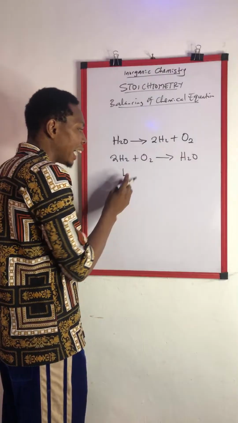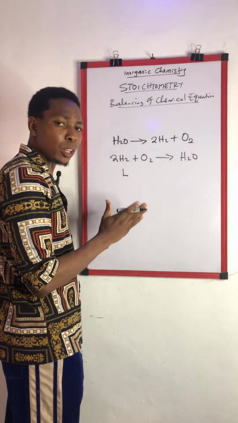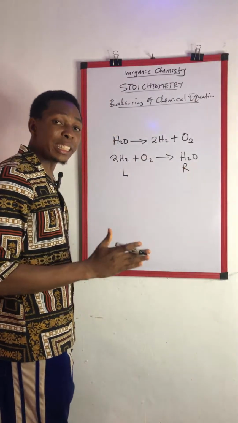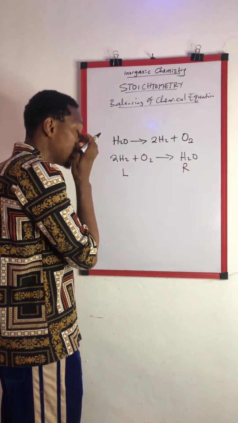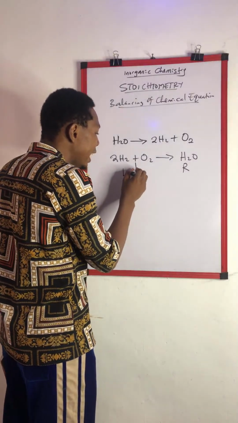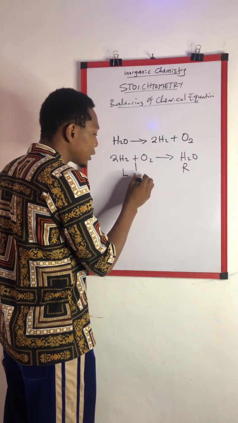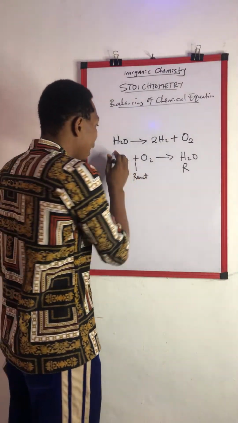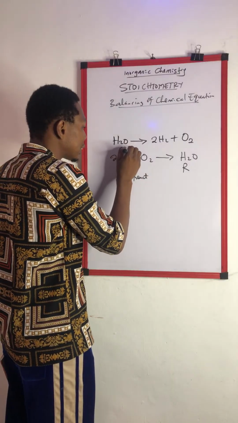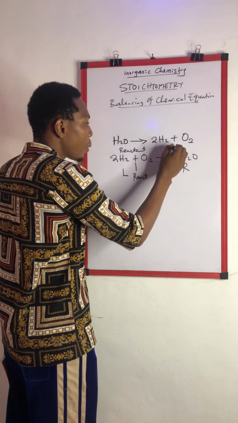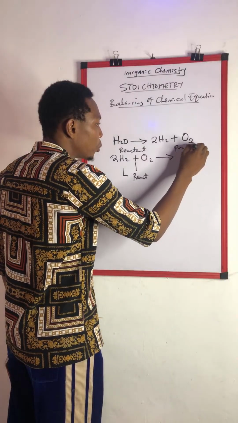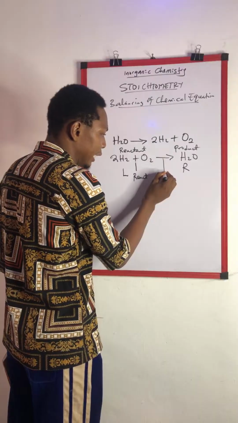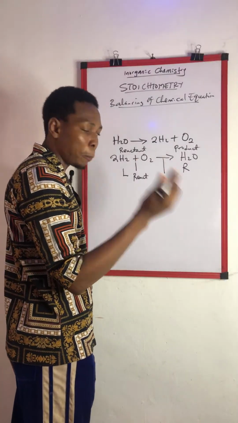This left side is still called the reactant side, while the right side is still called the product side. And this plus sign here represents reacts. This side is my reactants, while this side is known as the products.